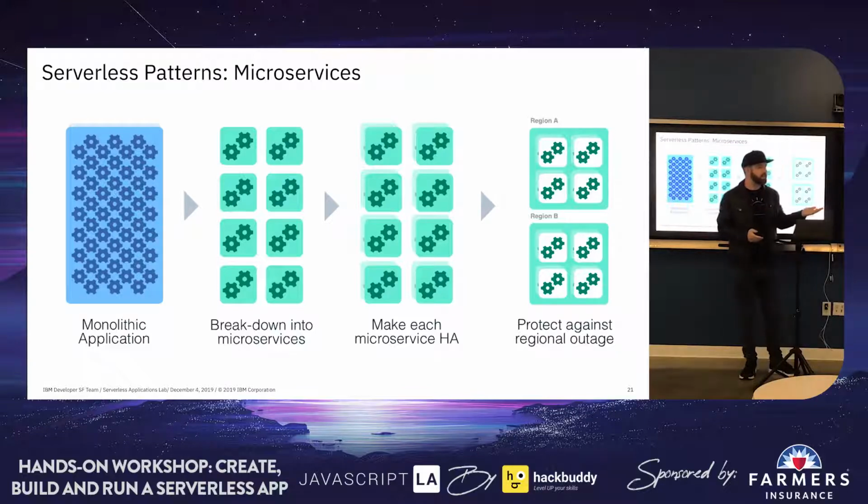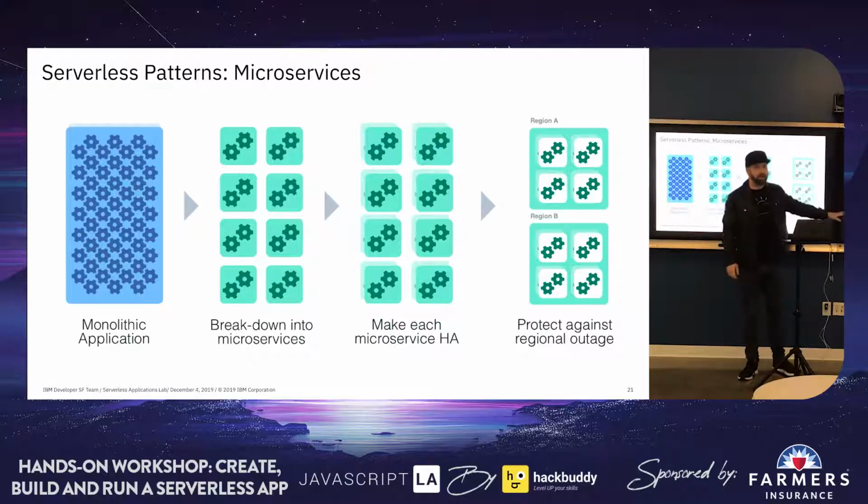But these days, when we think about functions as a service, we can actually think about breaking down that monolithic application into microservices, making each one high availability, and then protecting against regional outage by having high availability microservices running in each region. This is on your cloud vendor deployment, your AWS deployment, whatever it may be.